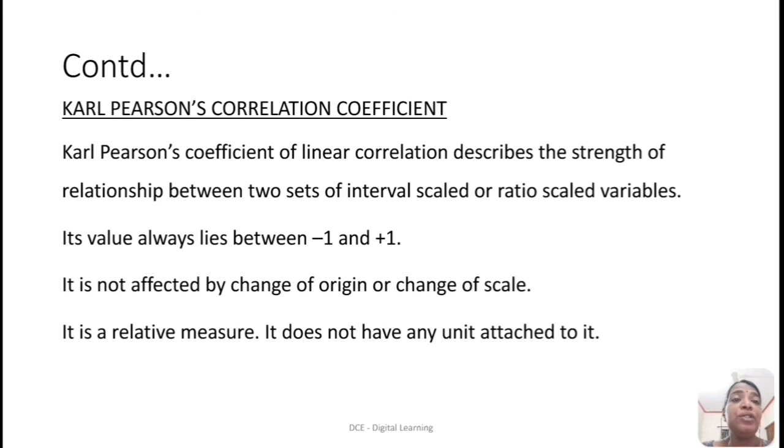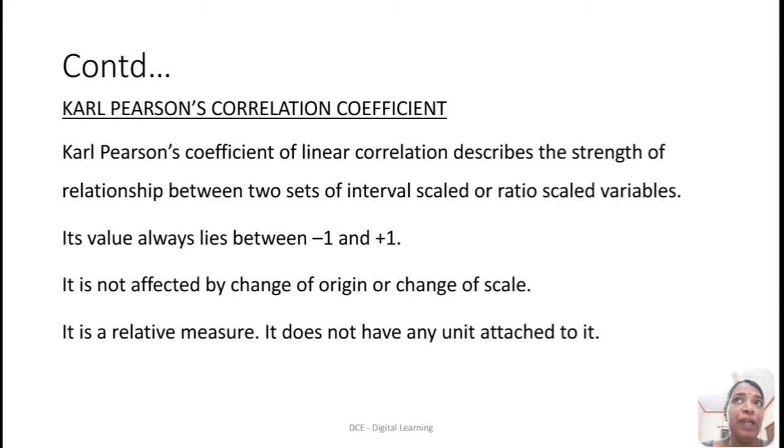Karl Pearson's correlation coefficient. This is an algebraic method given by Karl Pearson. Karl Pearson's coefficient of linear correlation describes the strength of relationship between two sets of interval scaled or ratio scaled variables. Its value always lies between minus 1 and plus 1.